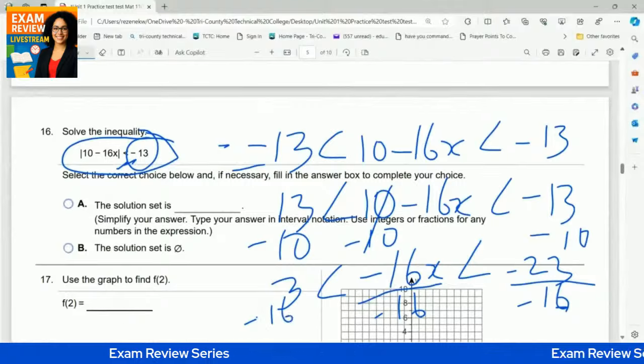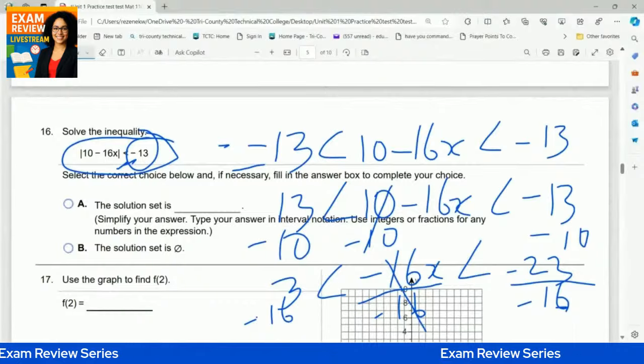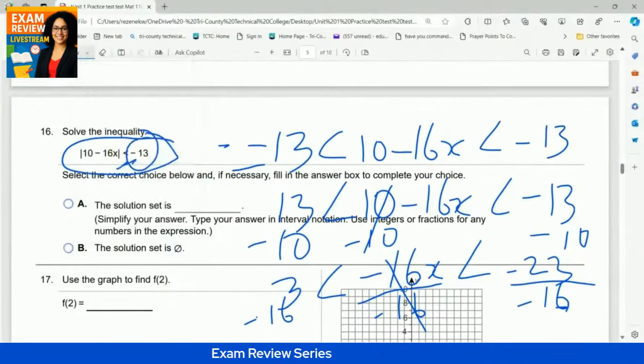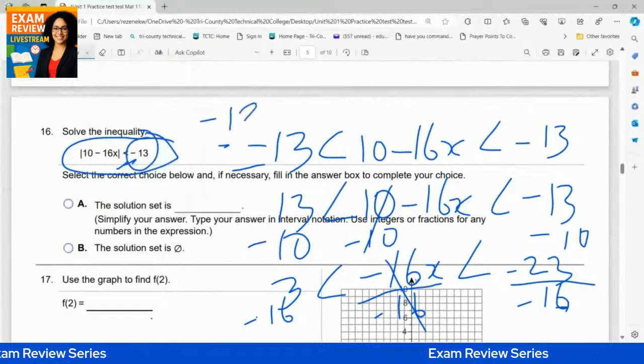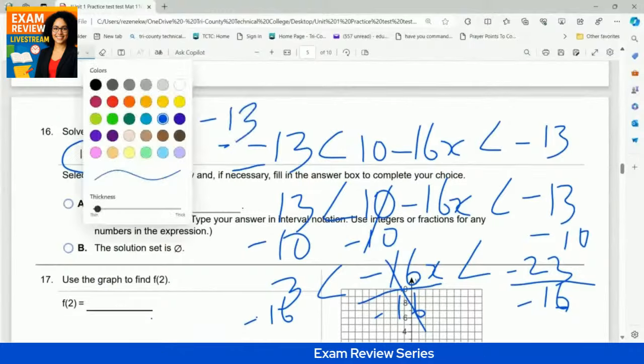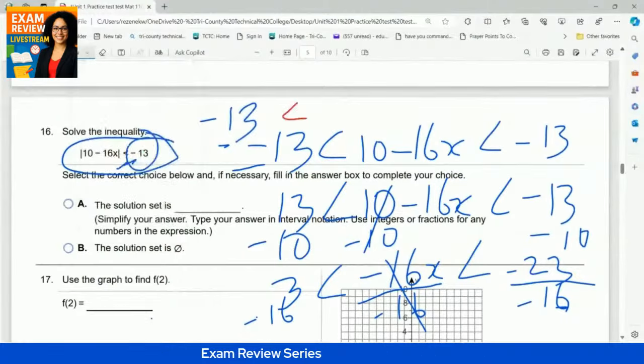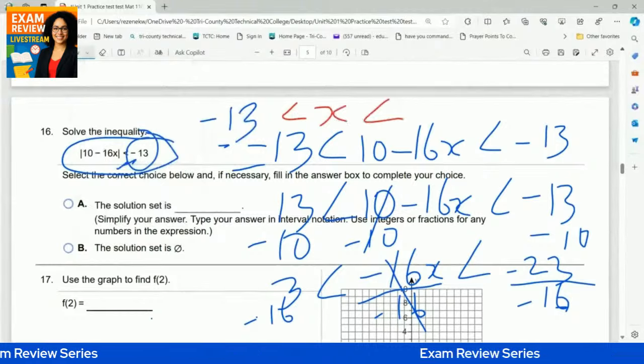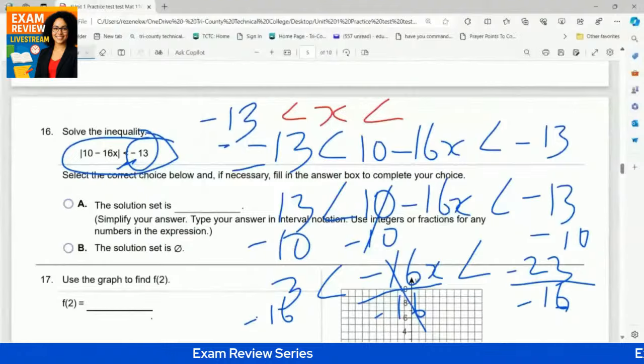All right, now I'll cancel. This will cancel. So I'll end up having negative 13 is less than x, and x is less than negative 39.